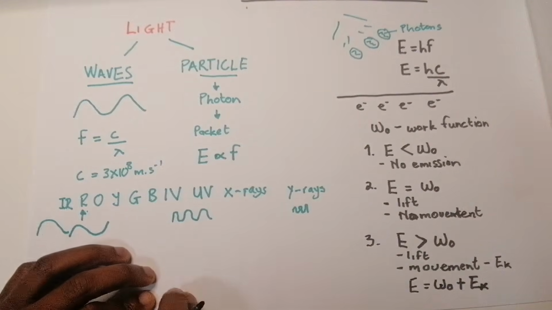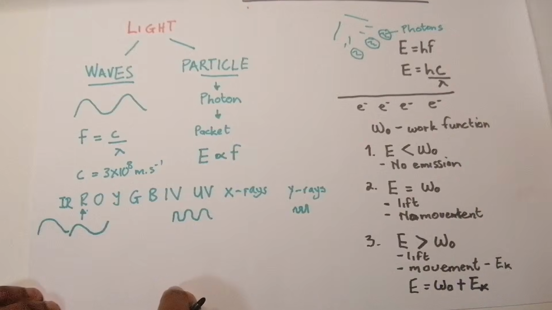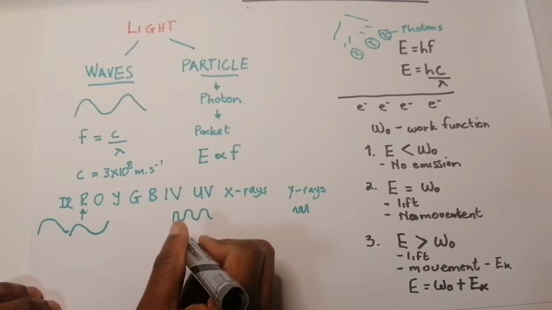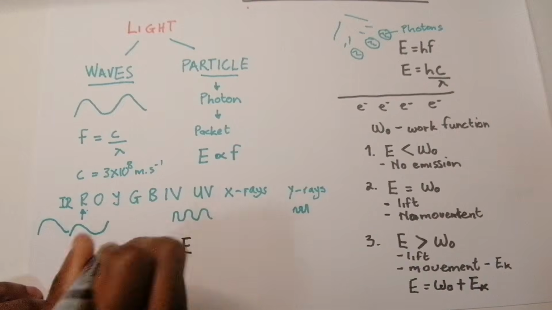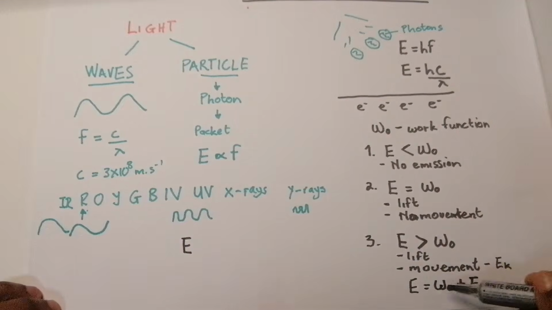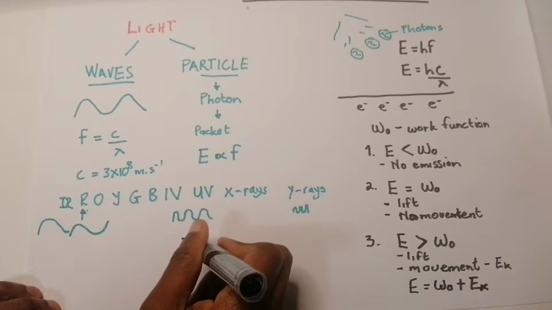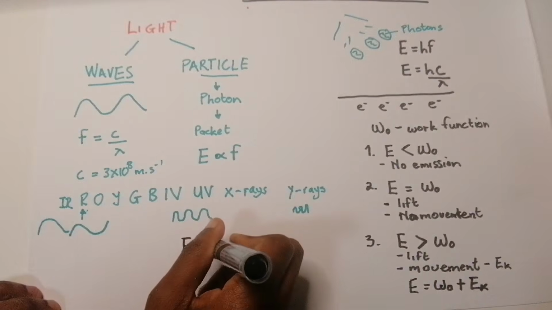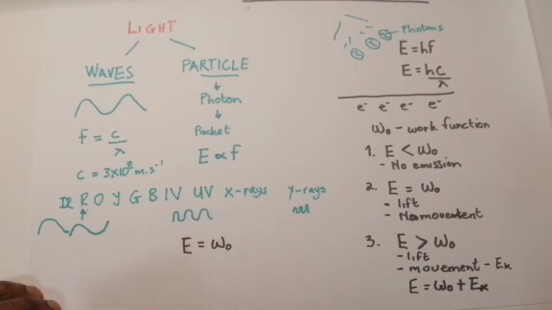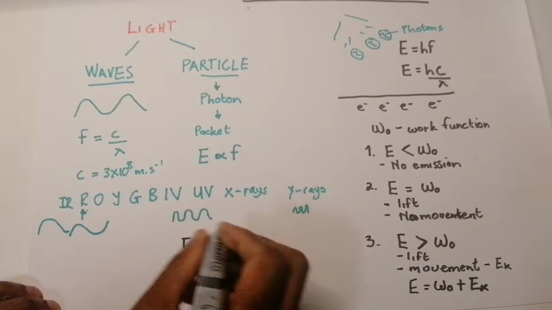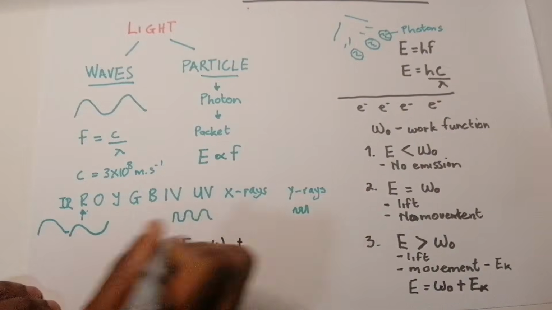Whenever we talk about the energy of a photon, we talk about that equation. We said E is equal to omega 0, which is the work function, plus the kinetic energy.